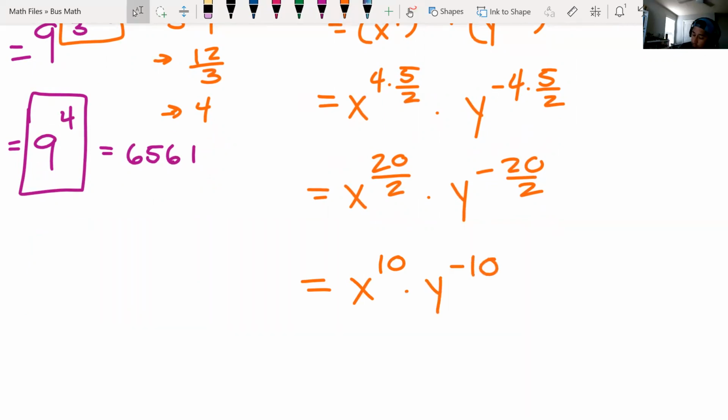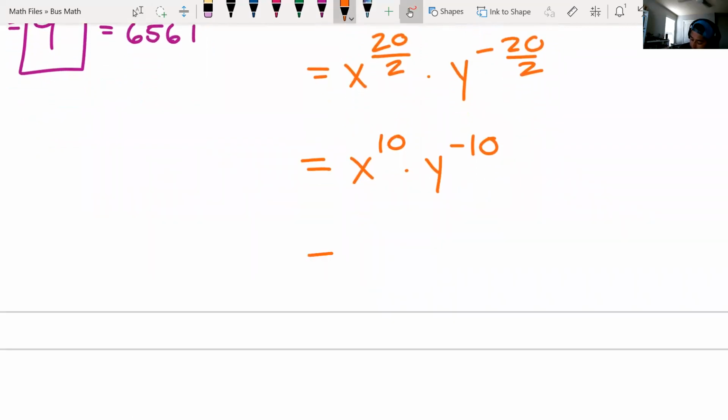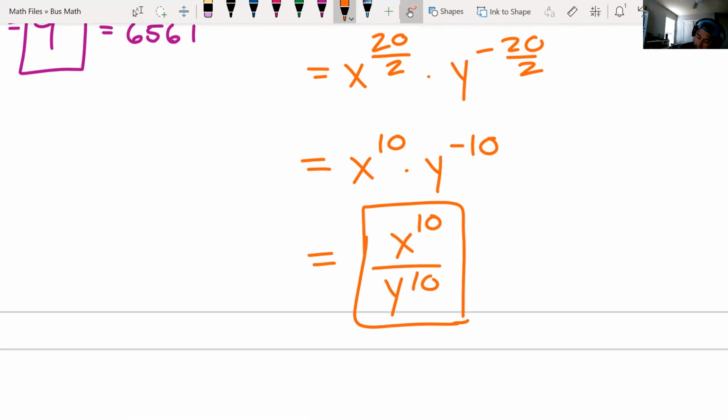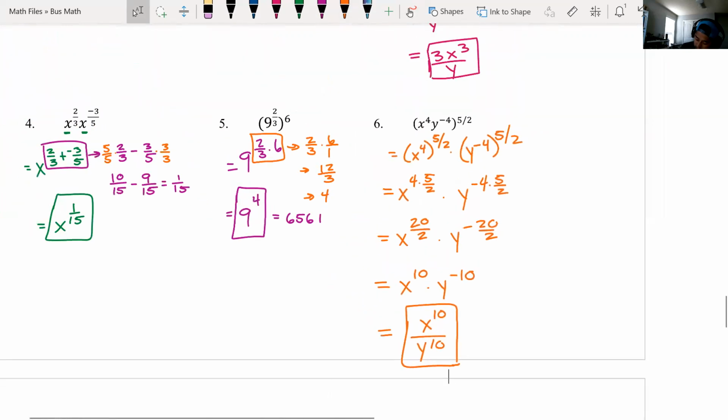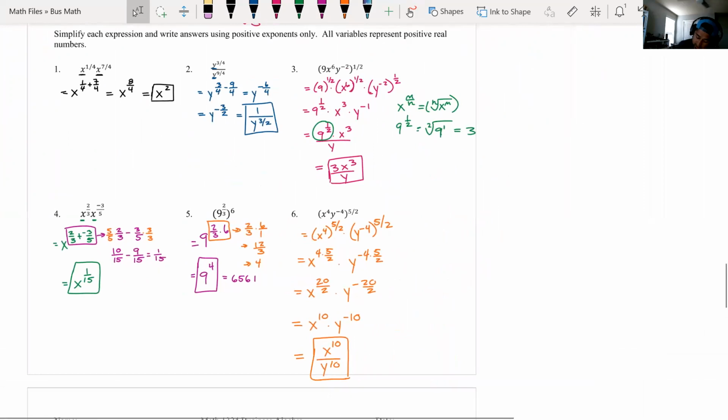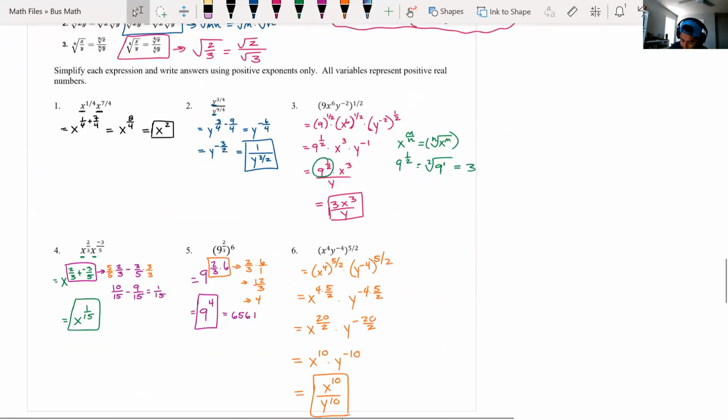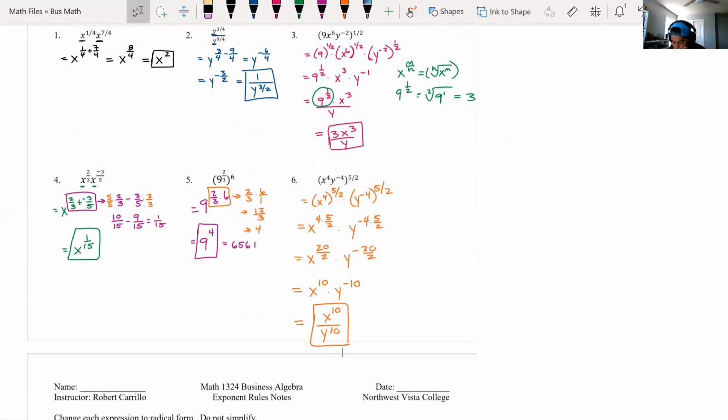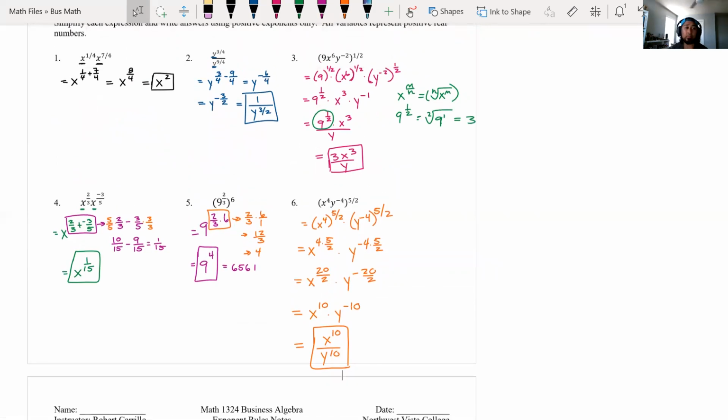Now, using the negative exponent rule, we can write our final answer as x to the 10th over y to the 10th. And ooh, that was fun. All right. Any questions on that page? Exponents get crazy.